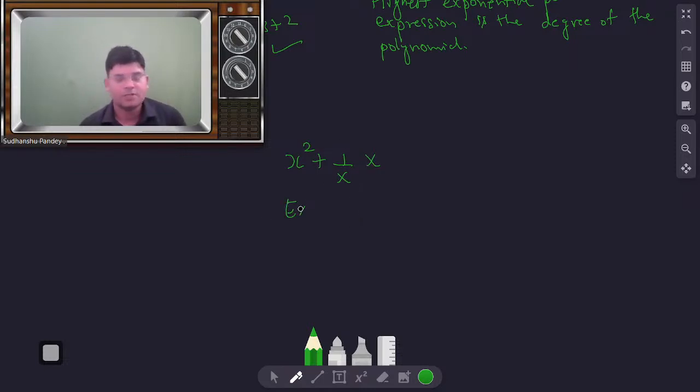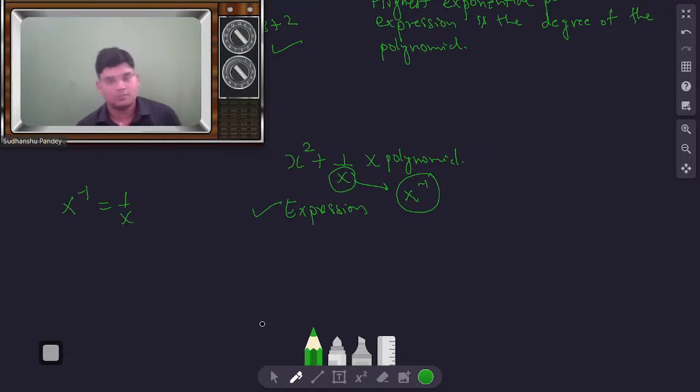Why is this not a polynomial? Because there is an x whose exponential power is minus 1. You know that x to the power minus 1 can be represented as 1 by x. Yes, sir.